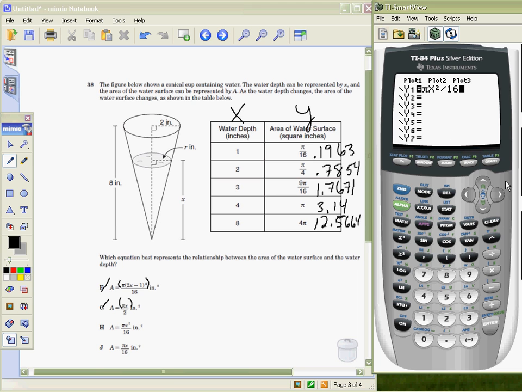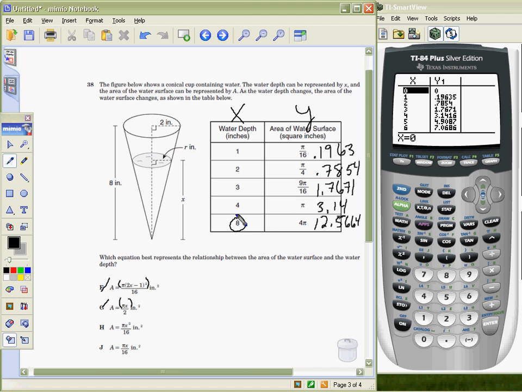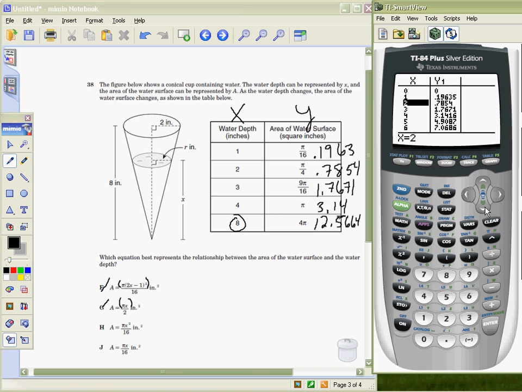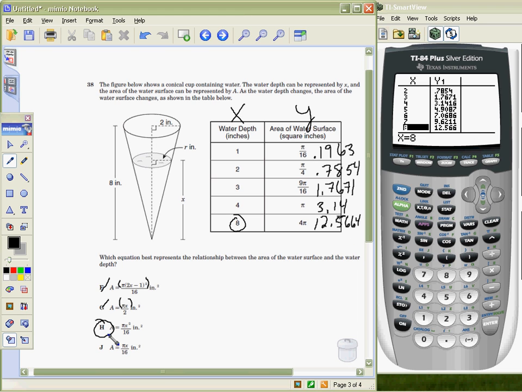That's fine. You can do it that way. Go to my table. So we're good here, we're good here, we're good here, we're good here. And don't let it fool you here for 5 because it says x is 8. So let's scroll down. And 12.566. Good to go. H is the correct answer.